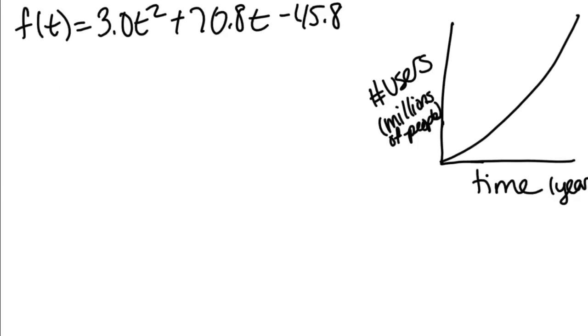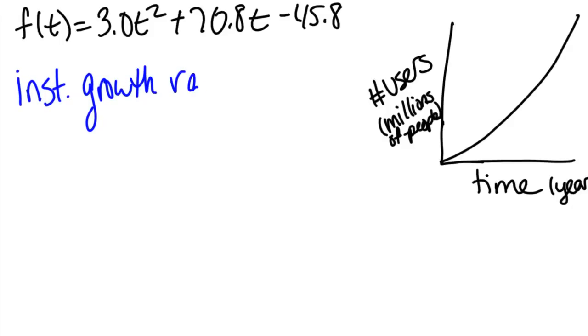So let's say then they asked, what's the instantaneous growth rate of cell phones in 2009? And if our years are years after 1998, that's time equals 11 years after 1998.